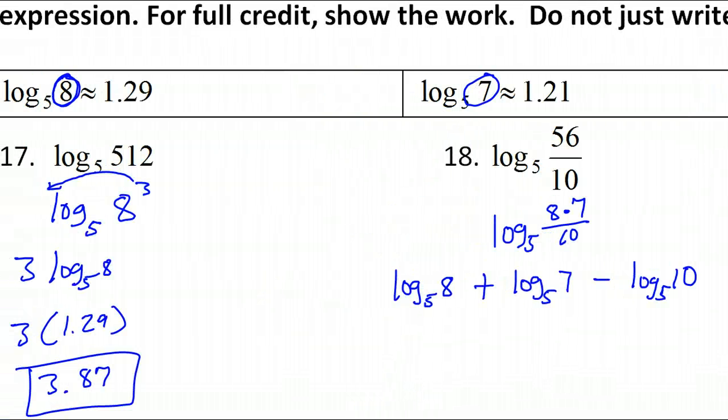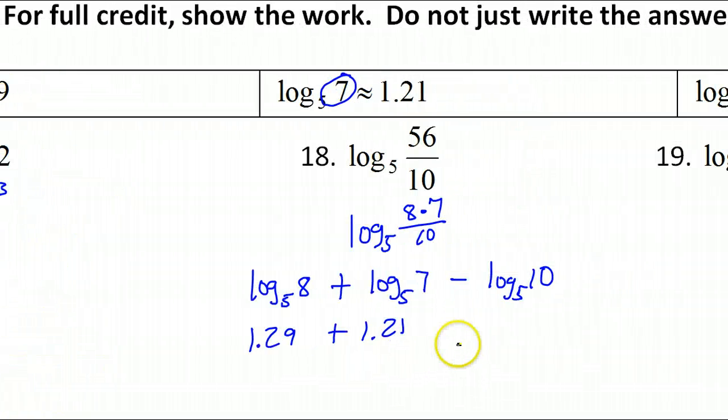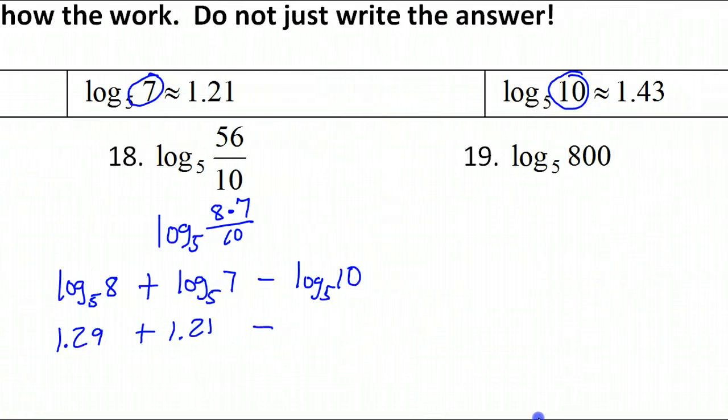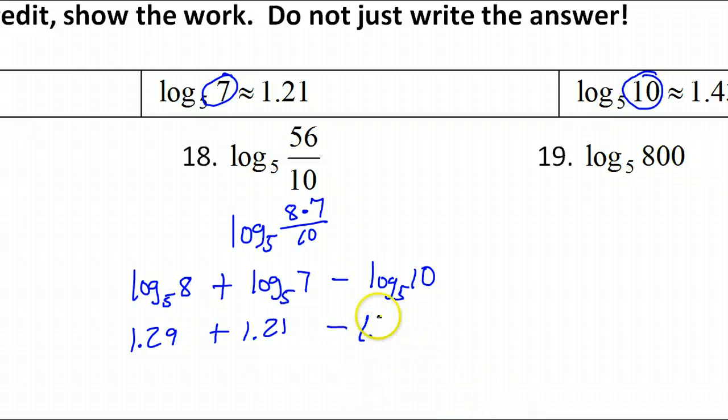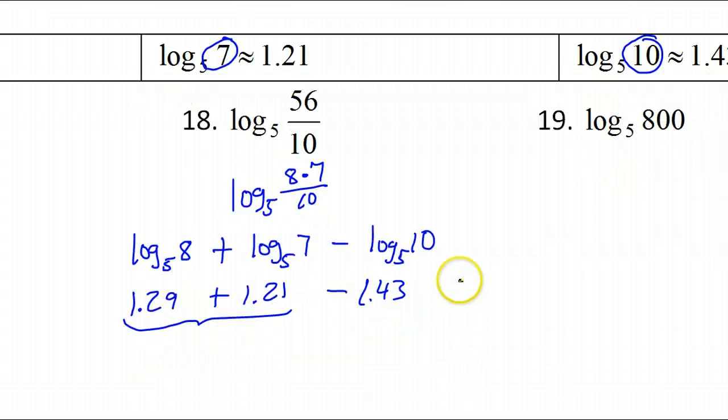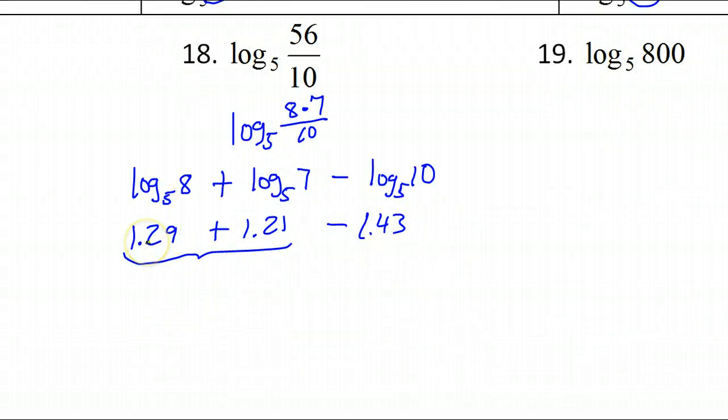So this first one is 1.29. The second one is 1.21. And the third one is 1.43. Alright, so you can just do these two at a time using your bootleg calculator.